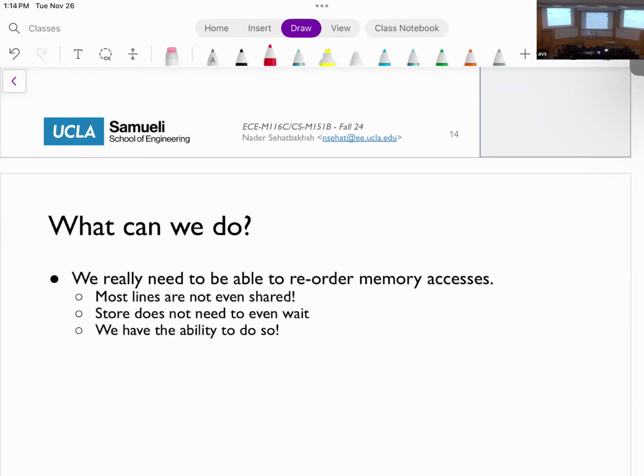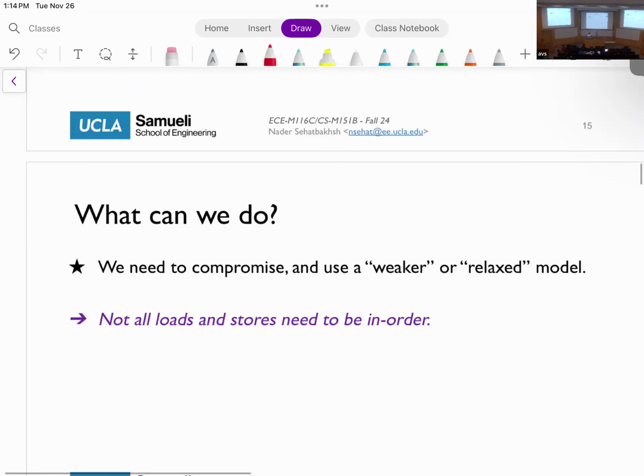We discussed how we can speculate and predict. Why don't we use that? Because that gives us a significant performance boost, right? So these are the counterarguments to maintaining a very strong consistency model, which is sequential consistency, okay? As a result, almost all modern systems use what we call a relaxed or weak model.